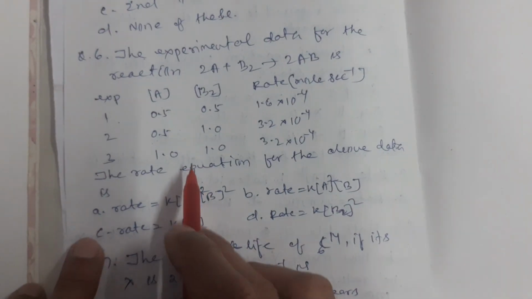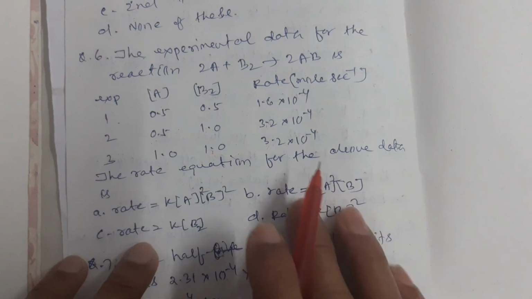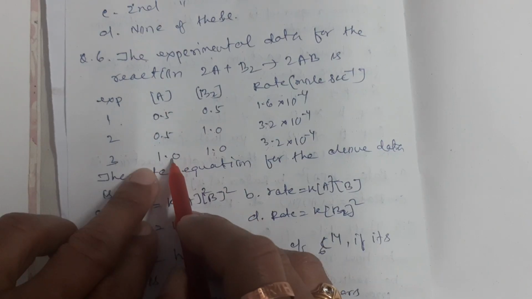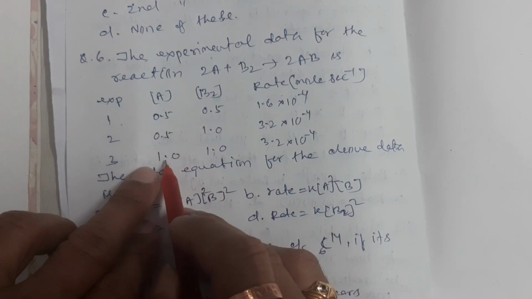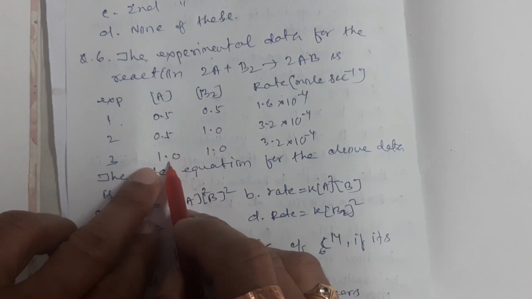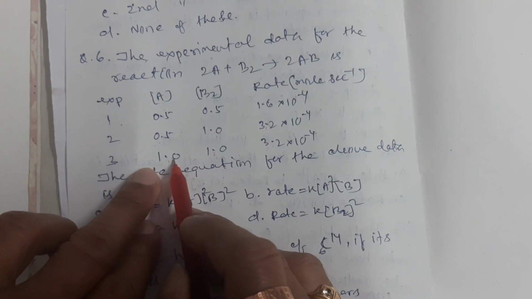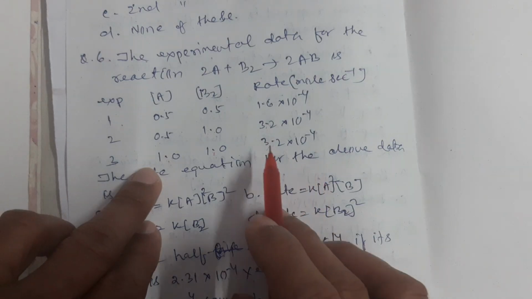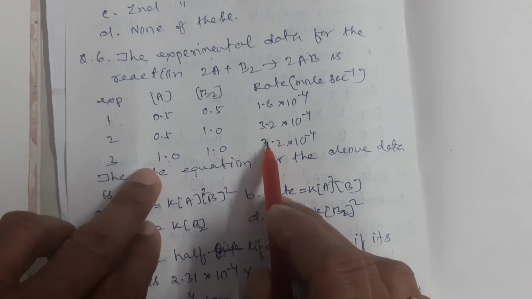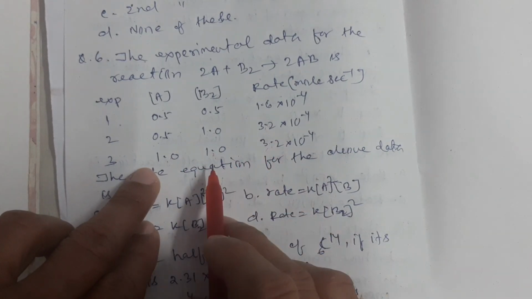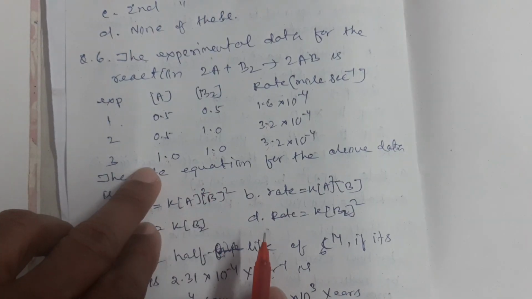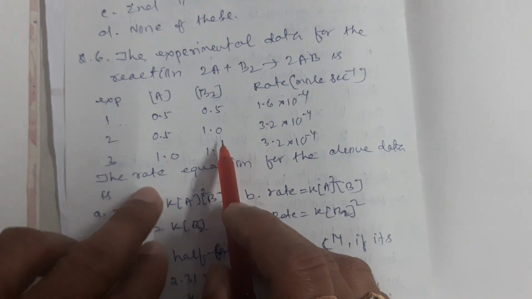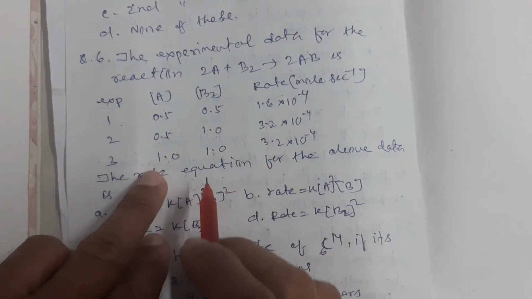From this data, when A doubles, the rate is independent of it and remains constant. So with respect to A, it is a zero order reaction.